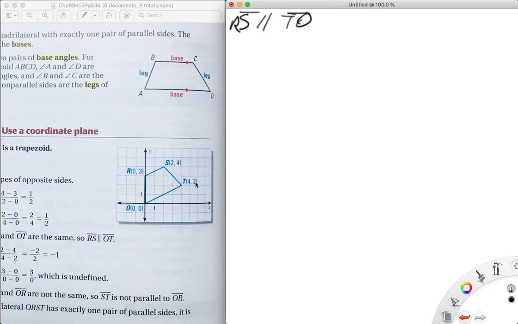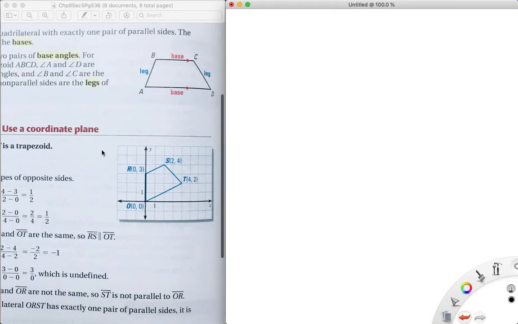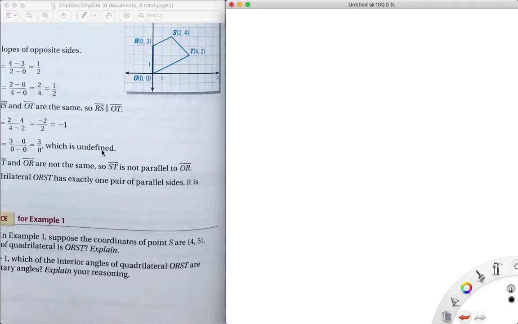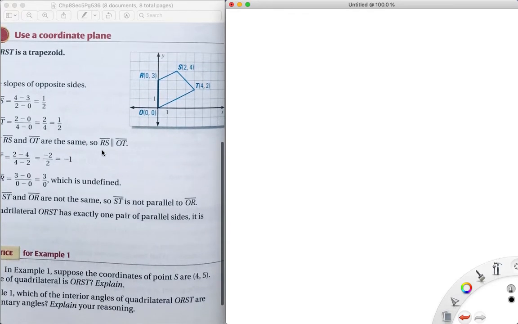RO is not parallel to ST. But then they changed it in the example here, and they said, okay, what if point S is 4, 5? So this guy goes from 2, 4 to 4, 5.